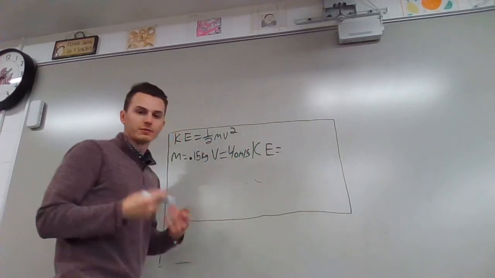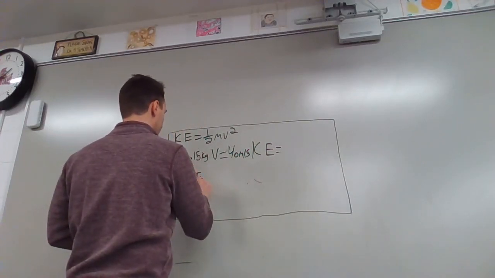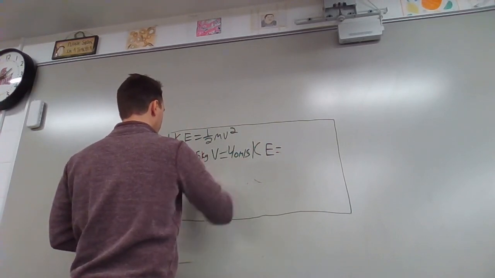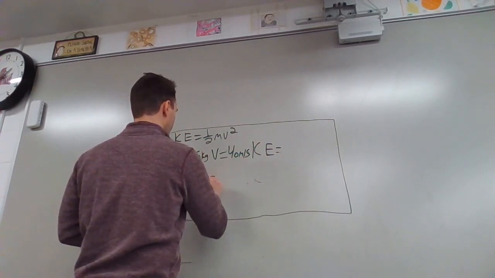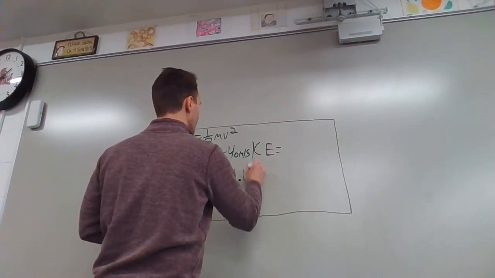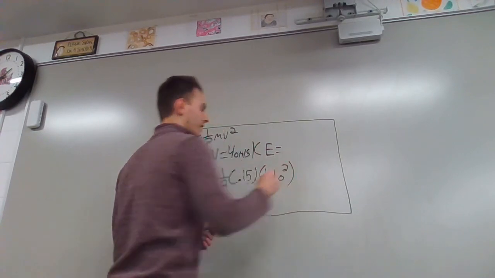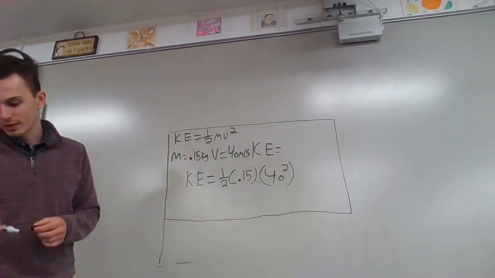So what I'm going to do is plug all that in. KE equals 1/2, 0.15, 40 squared. Okay, 40 squared is a fairly big number.